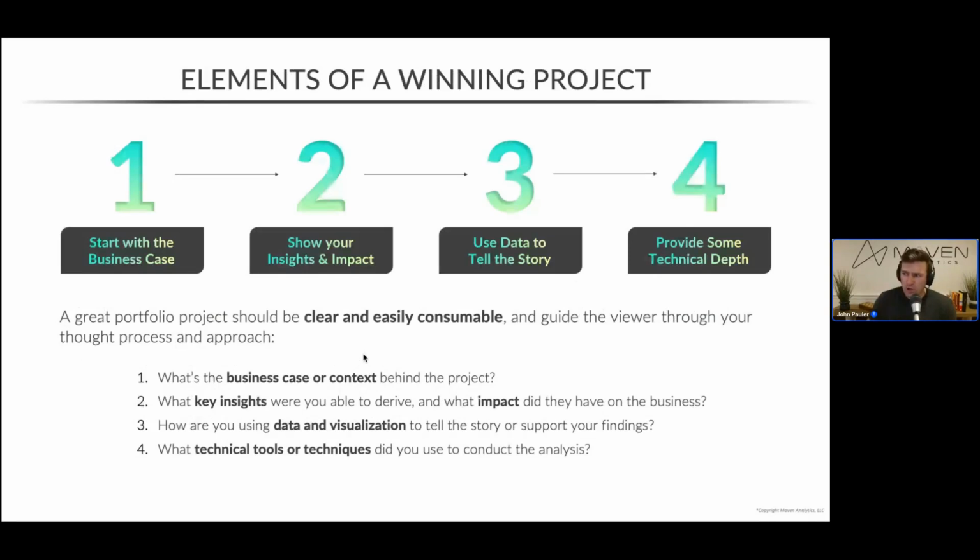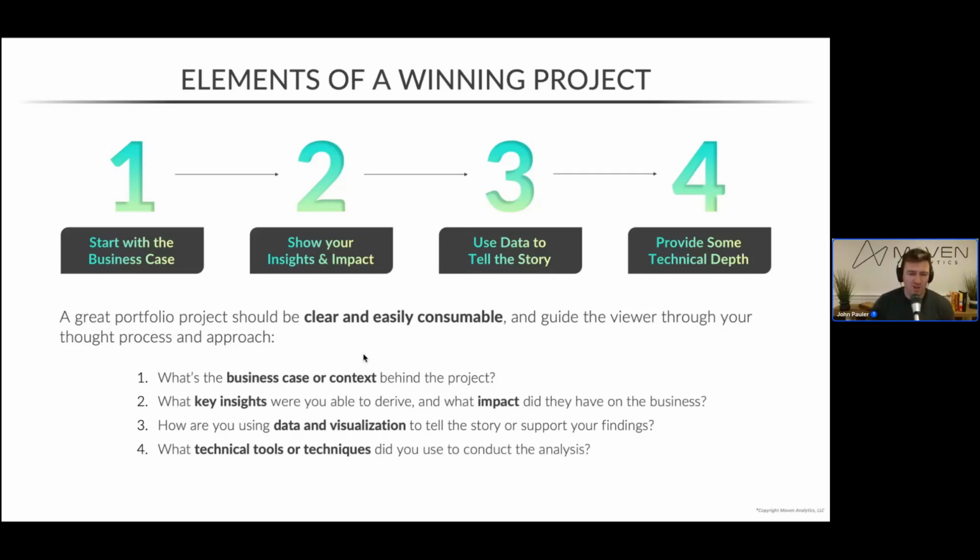To make a really good winning project, the biggest thing is to start with the business case, then show your insights, then use the data to tell the story, bring in a data visualization there. And if you can, try to provide a technical flex there, like that's where you could have your SQL code, your Python code. Never do it in the opposite order. Do not start with SQL code or Python code.